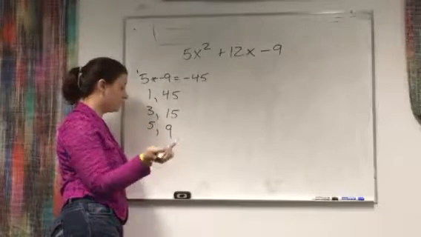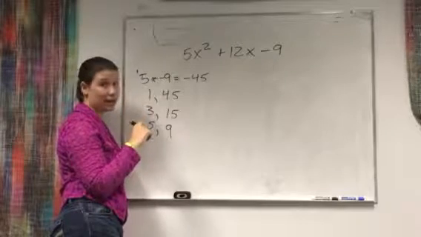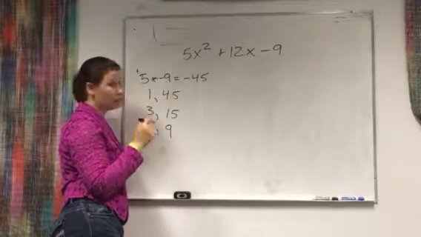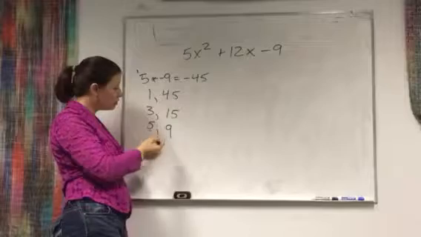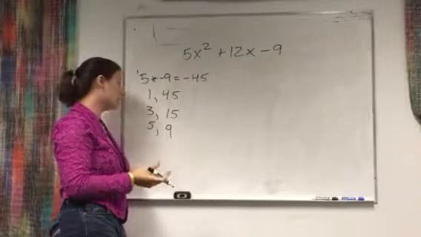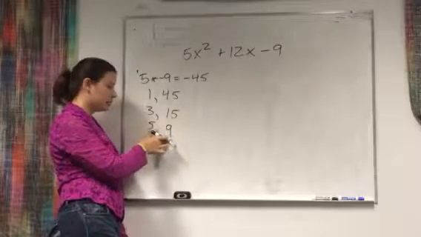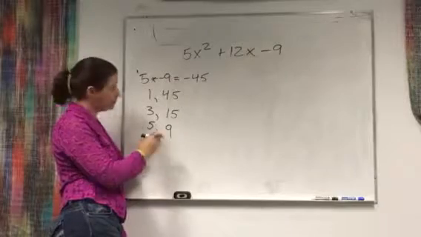And then 8 can't because it doesn't have a pair, and it goes into 40. So these are our factors. That's our complete list. Okay, we've kind of see how we've met in the middle there almost.